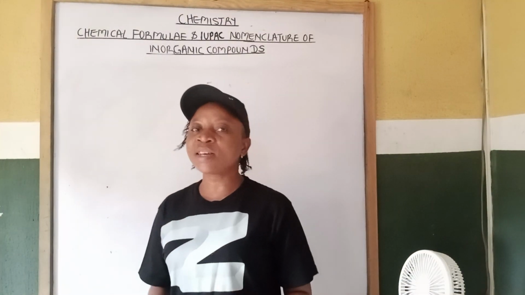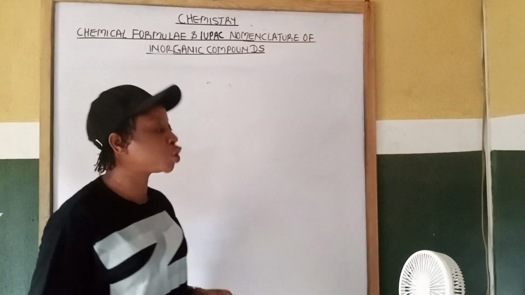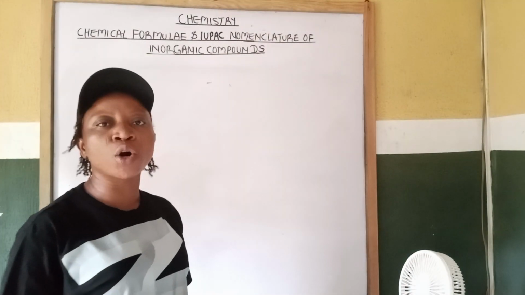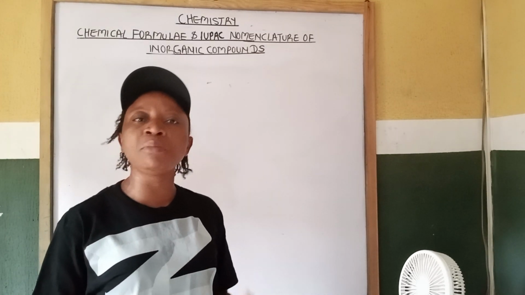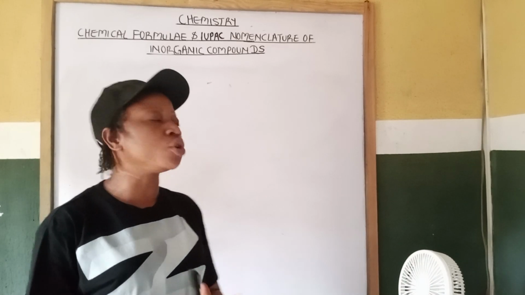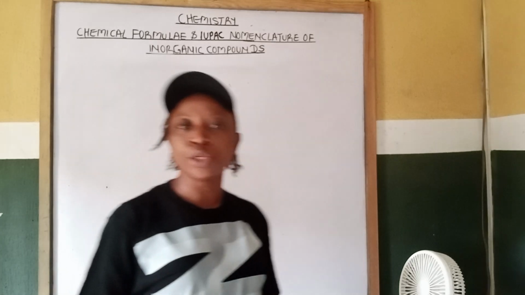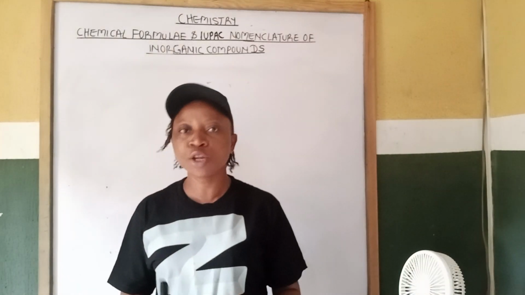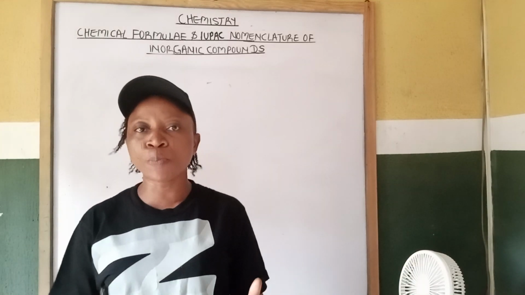IUPAC means International Union of Pure and Applied Chemistry. The standard way of naming inorganic compounds according to the International Union of Pure and Applied Chemistry is called IUPAC nomenclature.